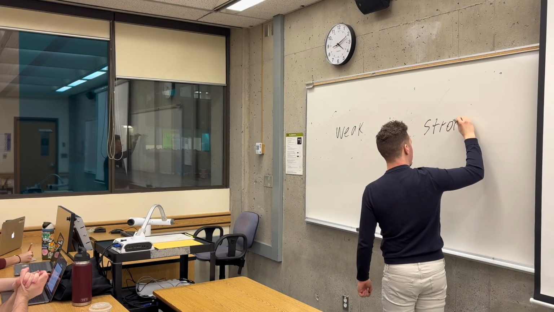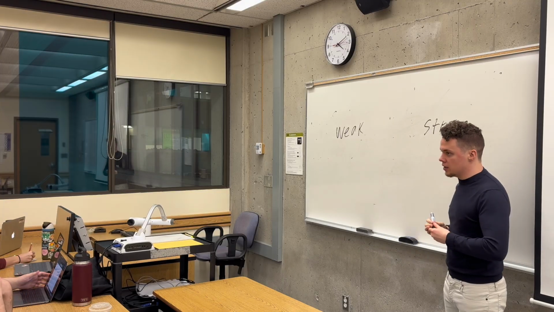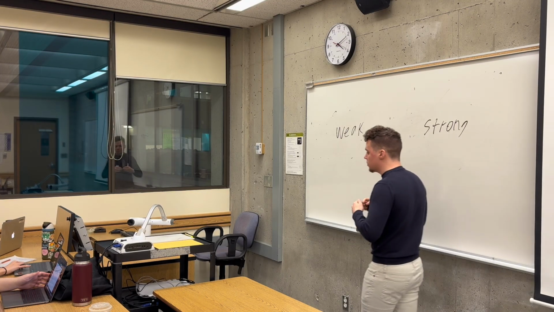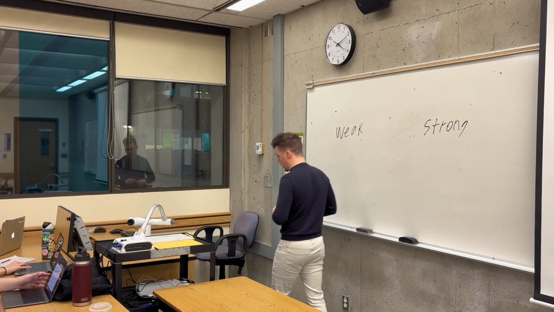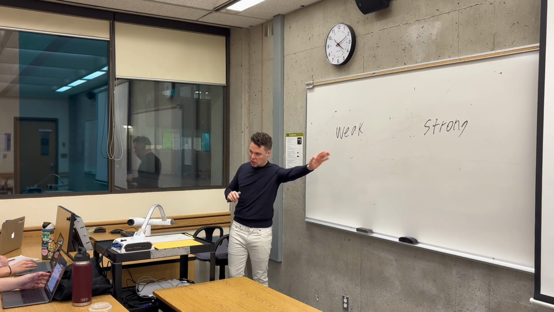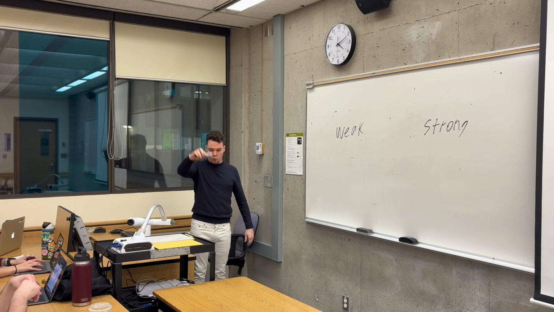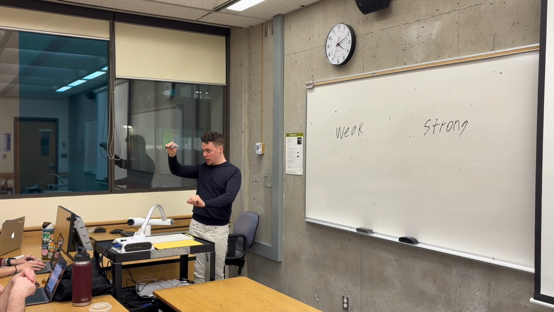Theories on the strong end are more well-defined and typically cashed out in terms of mathematics. Like Newton's laws, classic example, right? The terms in the theory are well-defined and they lead to specific predictions, like the rate of fall should be exactly this.